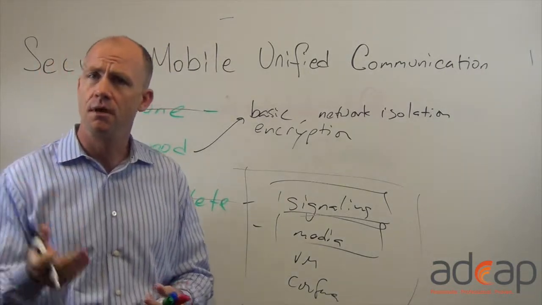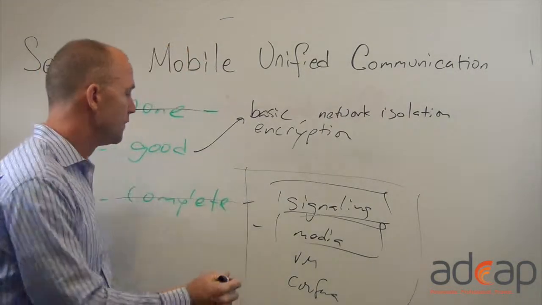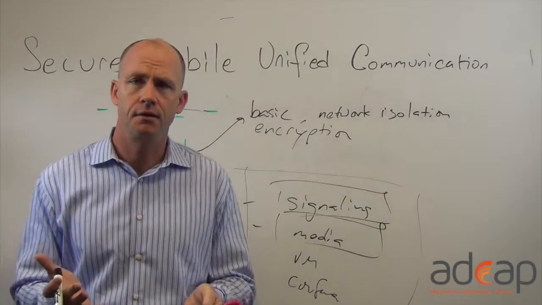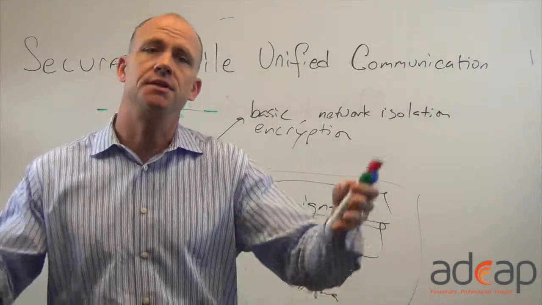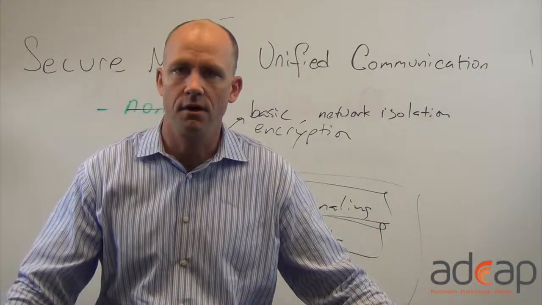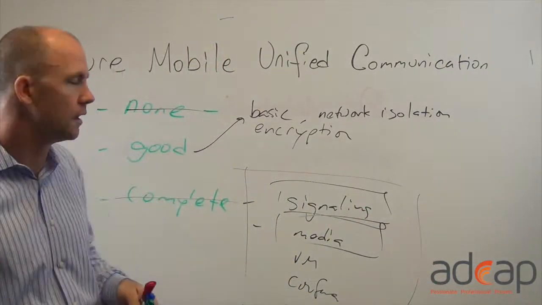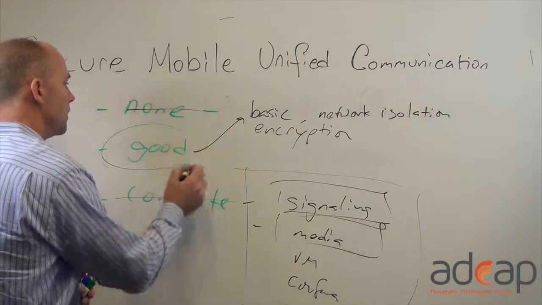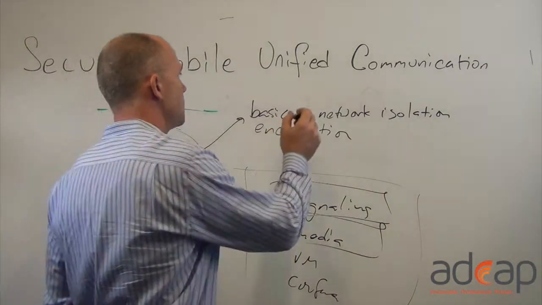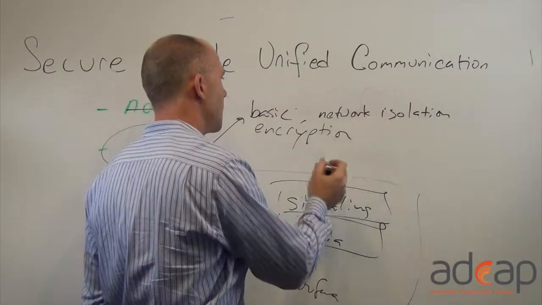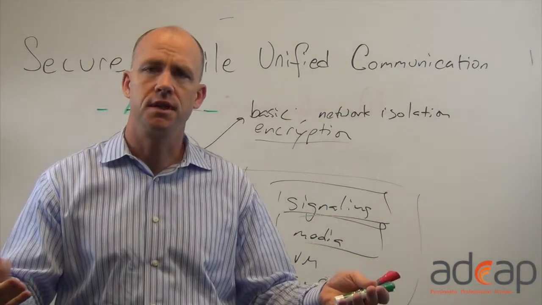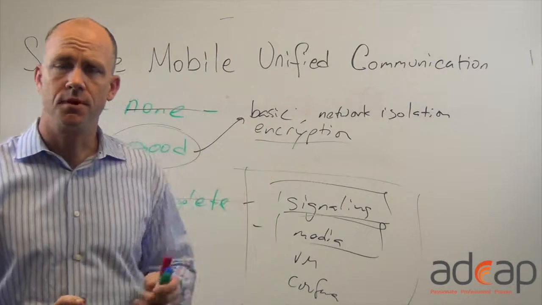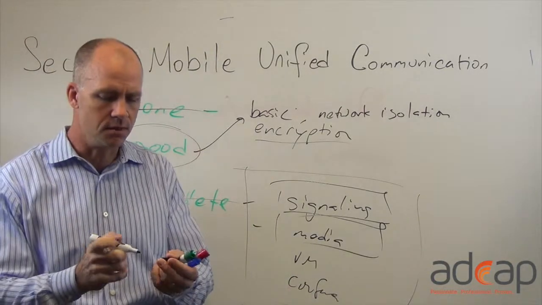For example, government and military organizations will oftentimes do a complete encryption system, not only because they need to do it, but also because they have a huge organization and many of their calls are internal, so they don't have to worry about going outside. But from a good standpoint, we want to make sure that we have everything working, network isolation, and encryption whenever we go across parts of the network that we don't control. And that's part of the secure mobile unified communication solution.